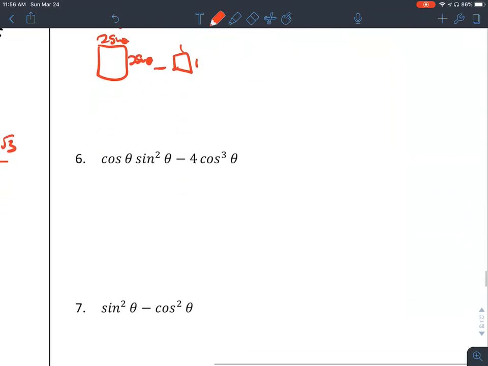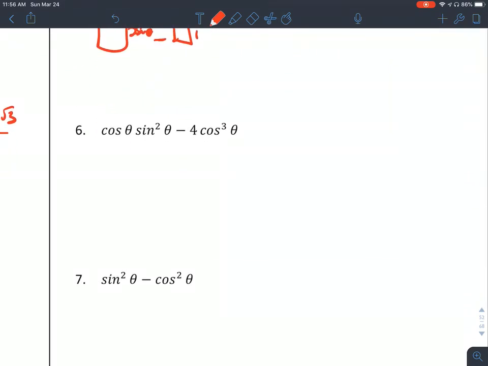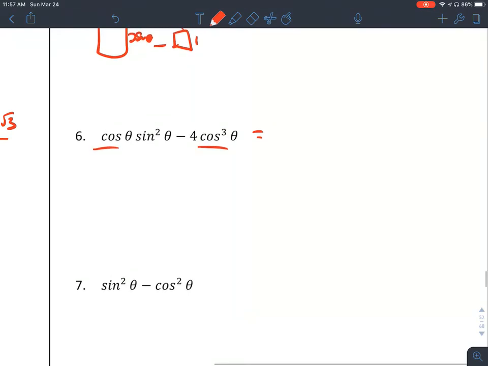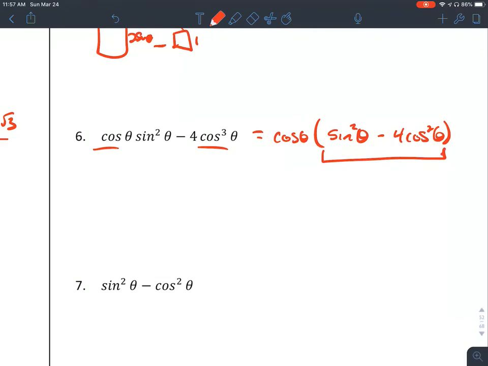Difference of two squares. This next one, GCF. What's the greatest common factor? Well, this has a cosine, this has a cosine. So we can factor that out to the front and get cosine of theta. What are we left with? Sine squared of theta minus 4 cosine squared of theta. This is a difference of two squares again.